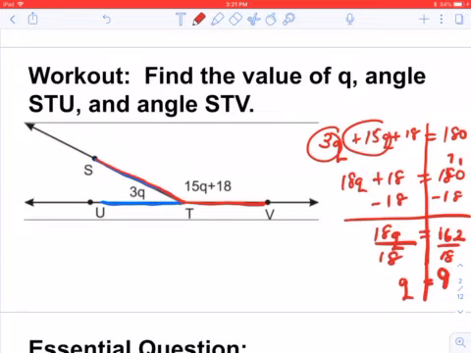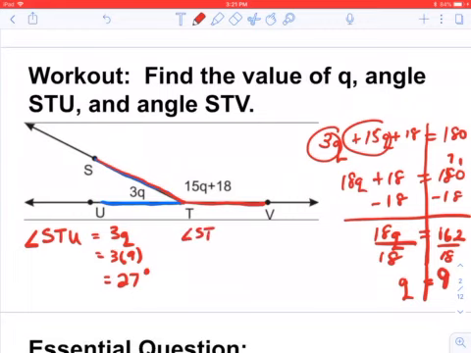Okay, and so now the angle measurement for angle STU is going to equal 3Q, which is 3 times 9, so that one's 27 degrees. And angle STV is equal to 15Q plus 18, so that's 15 times 9 plus 18.